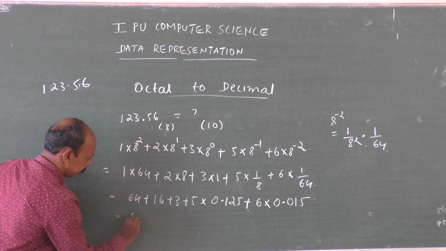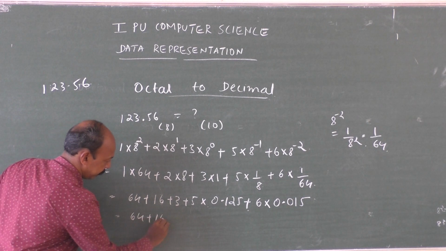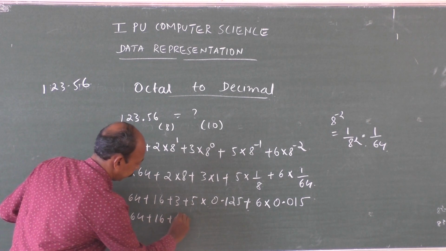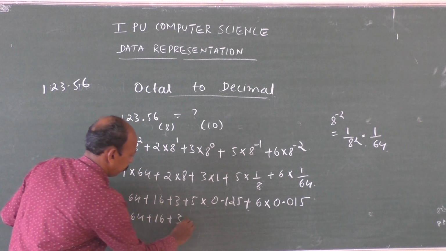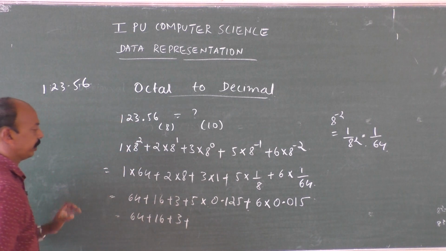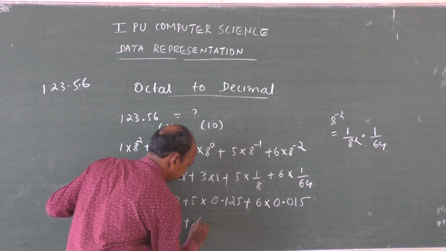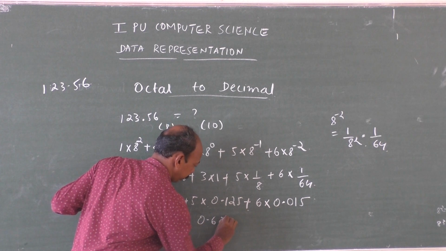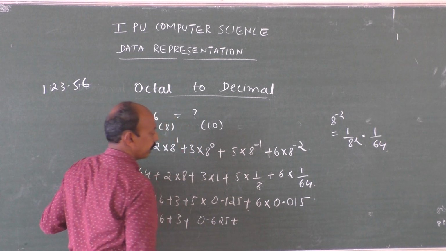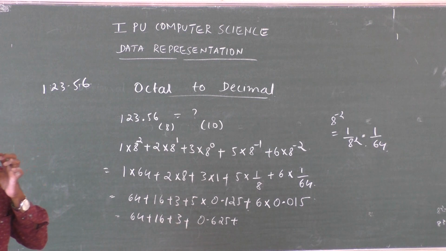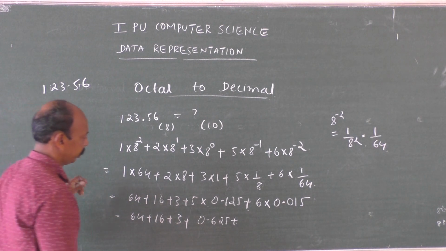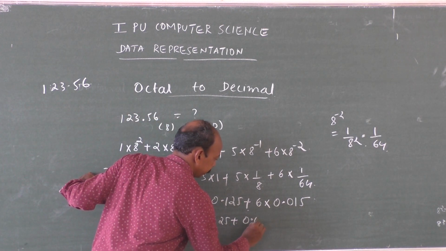So again 64 plus 16 plus 3 plus 5 into 0.125, it is 0.625. 6 into 0.015 will be 0.09.